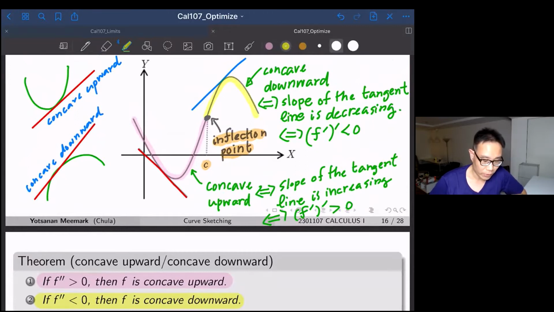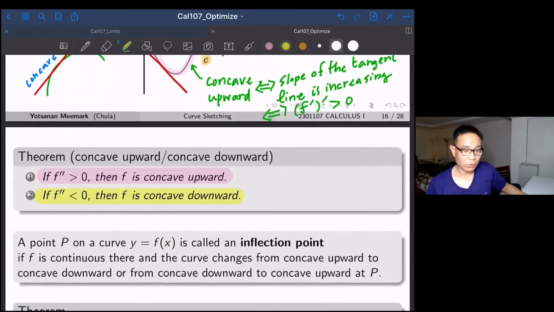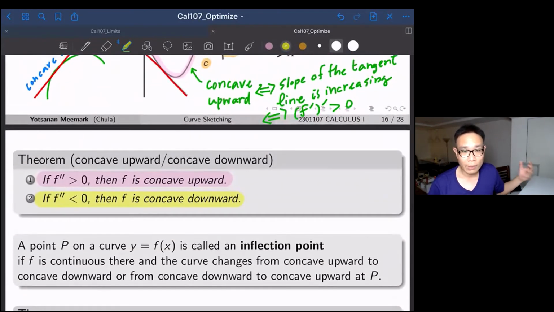This is the conclusion on the next page. If the second derivative is positive, it's concave up. If the second derivative of f is negative, it's concave down.